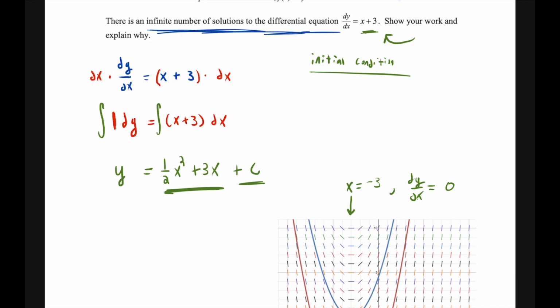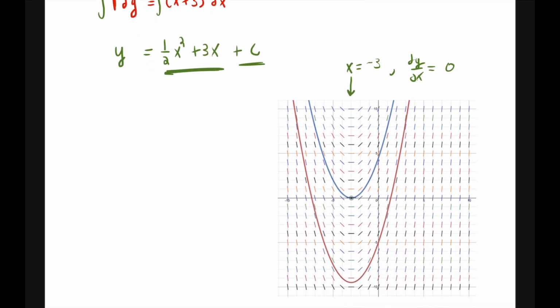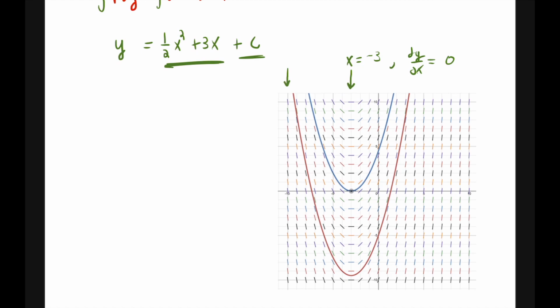My derivative does not depend on y, so I should be able to move up and down. And notice, you could move up and down any of these columns and the slope stays exactly the same. That's because this slope does not depend on y. dy/dx is x minus 3. It only depends on x.